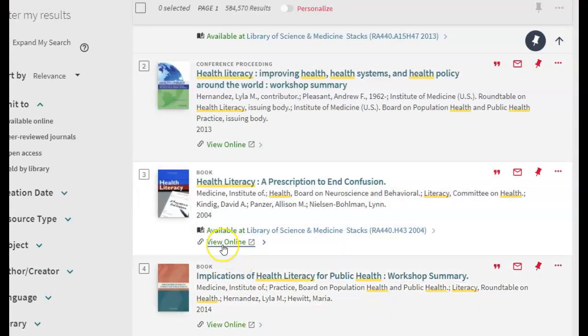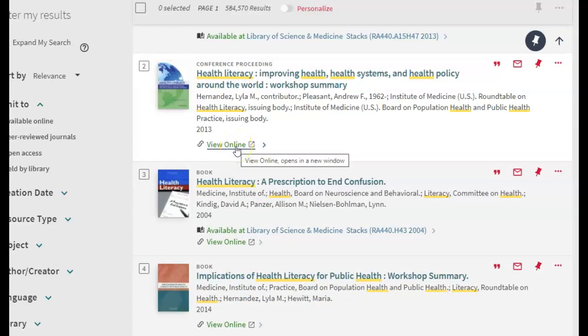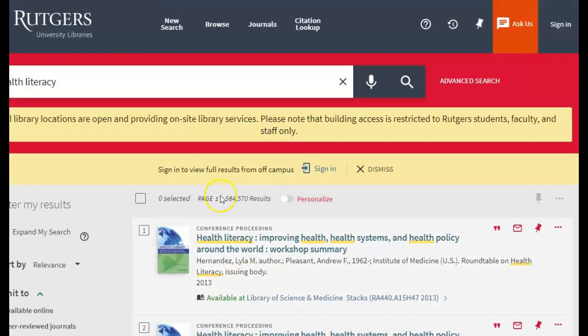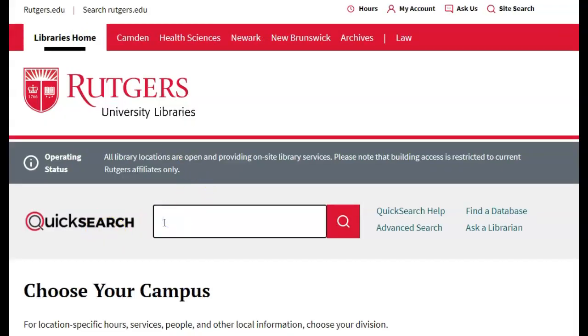Luckily, these are e-books, so I don't even have to worry about making a trip to the library and dealing with COVID restrictions. So once again, that is the quick search toolbar that shows up right away when you get to the library homepage. It's a really useful tool. It's a little too generalized and not quite comprehensive enough to be everything that you need for library research, but it certainly is a good place to start.